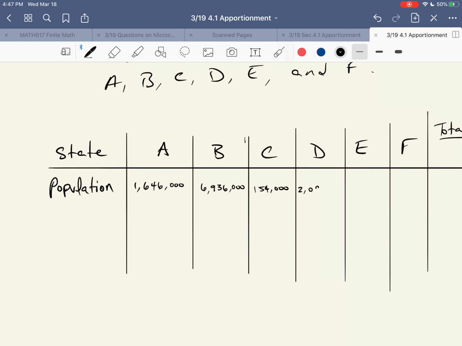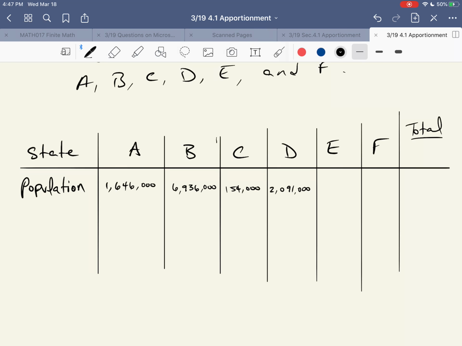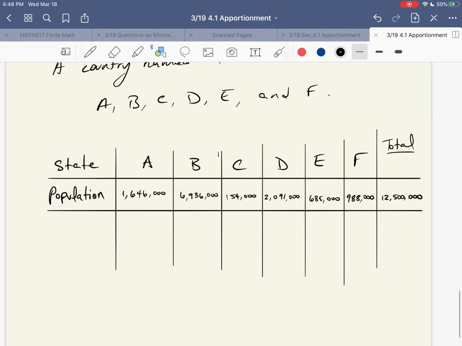Then 2,091,000. Here, state E has 685,000, and state F has 988. Okay, and so the total population of Parador is 12,500,000. Your book added all those things up. I did not. But we will do some math on them anyway. I know they're big numbers, but we'll deal with it.